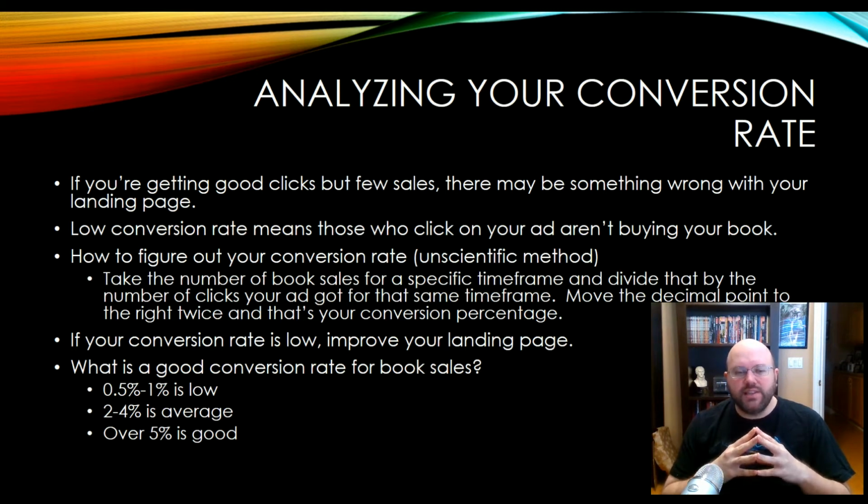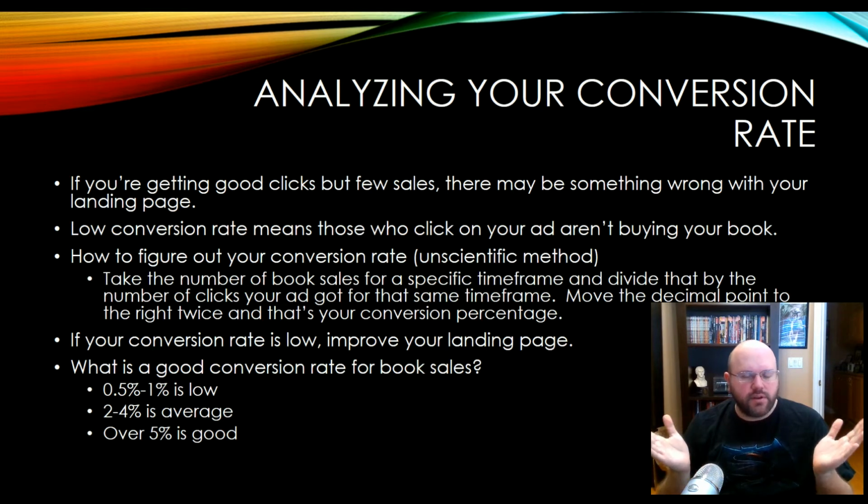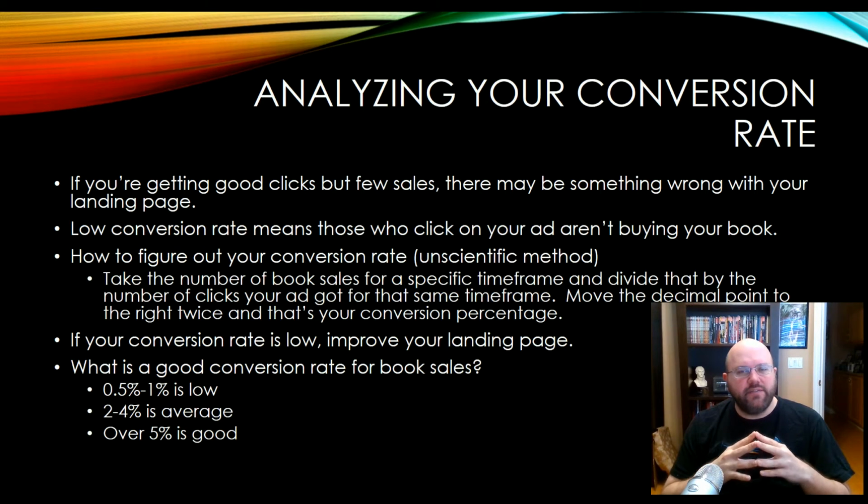So in order to unscientifically figure out what your conversion rate is, you basically want to select a time frame, like let's say a week. Okay, a week, what we talked about before, statistical significance. 7 days should be enough to tell you whether or not something's working. So let's take a 7-day time frame and look at the number of book sales you've made in that time frame.